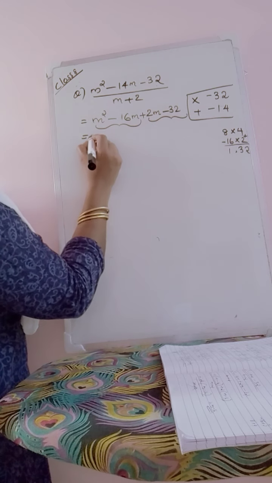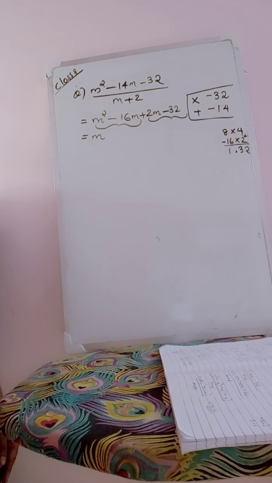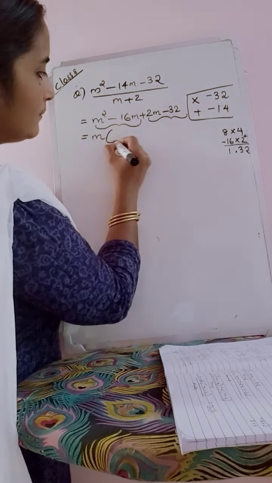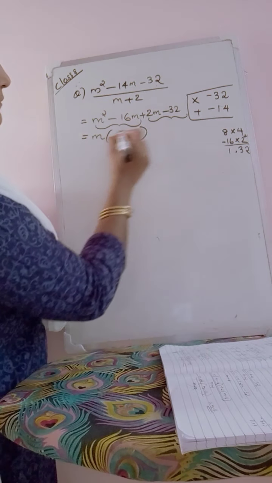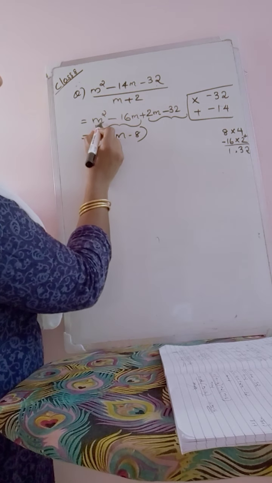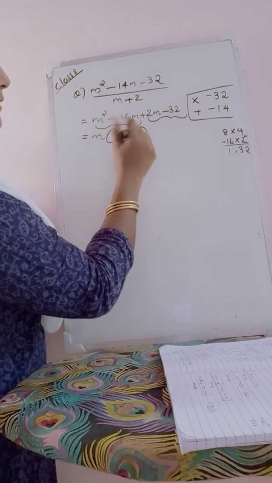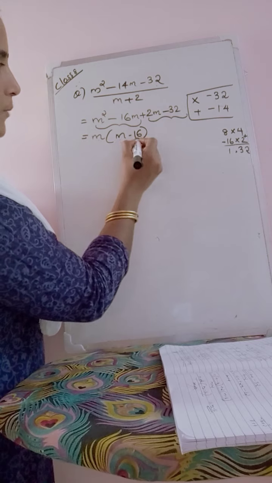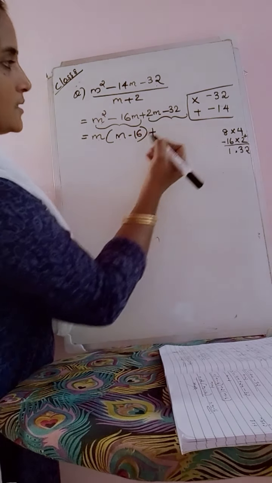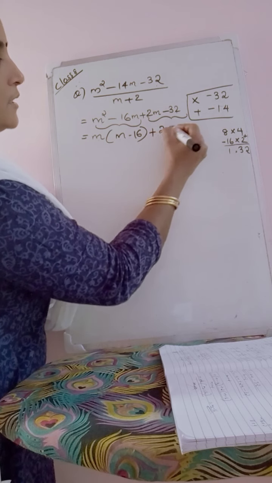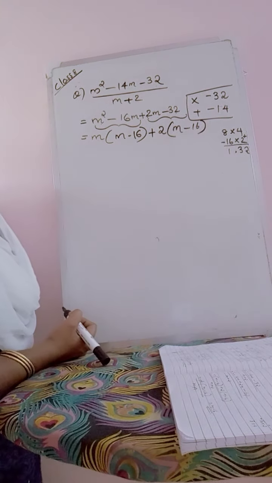Here m square and 16m, m is a common factor. So m into m minus 16, then plus 2 is a common factor, 2 into m minus 16.